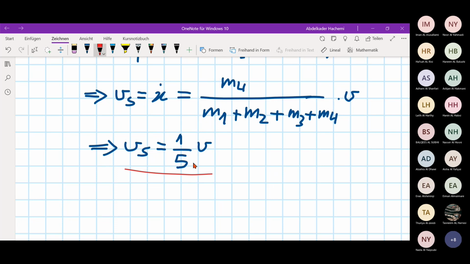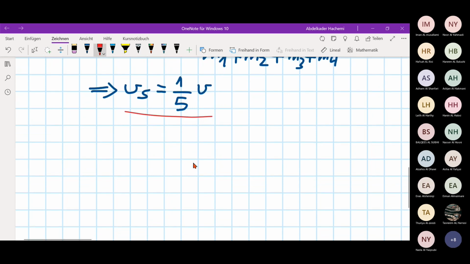Now, if we look at the expression, we have the velocity at the center. Then we can get from the expression of the velocity for different points.